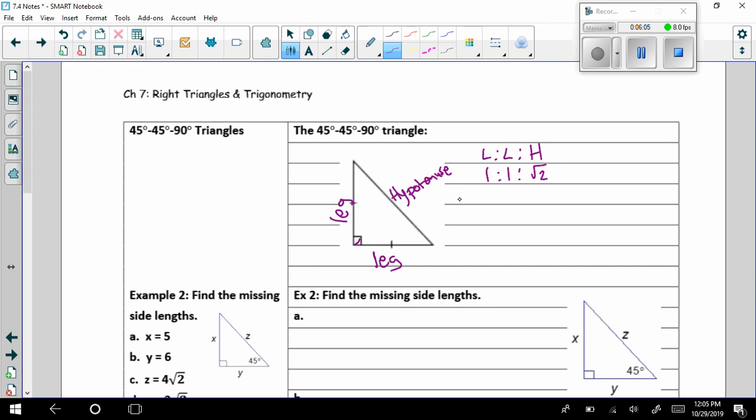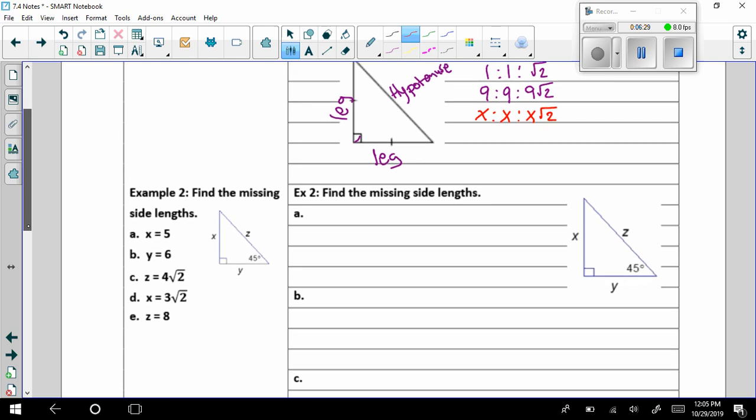All right, so another example would be if this leg is 9 and this leg is 9, then this would be 9 root 2. If one leg is x, then the other leg is x, and the hypotenuse is x root 2.